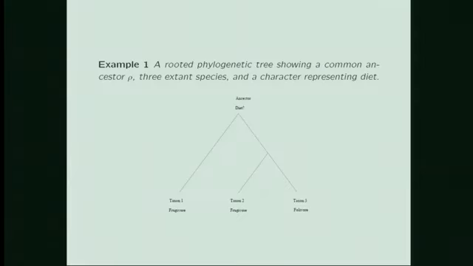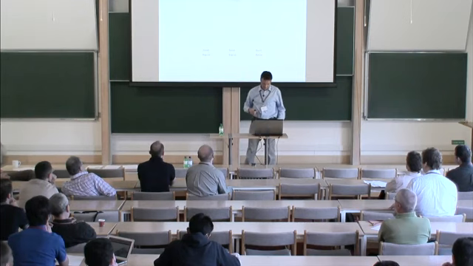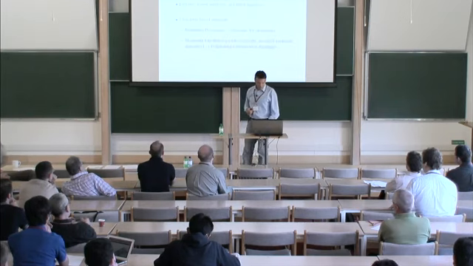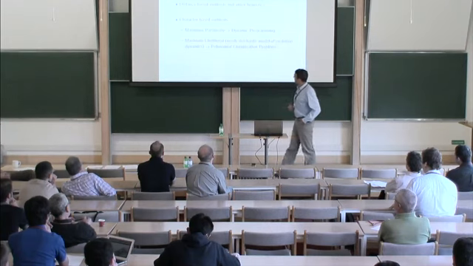So here is, for example, a situation where you may think of a site not necessarily as a specific nucleotide, but some trait, like the diet of extant species, and you'd like to know what is the diet of the ancestor.